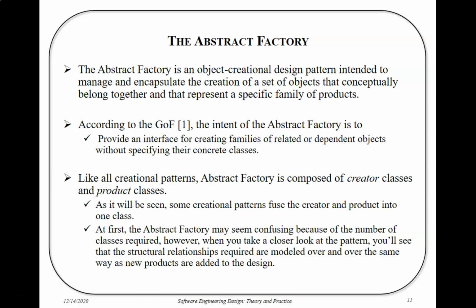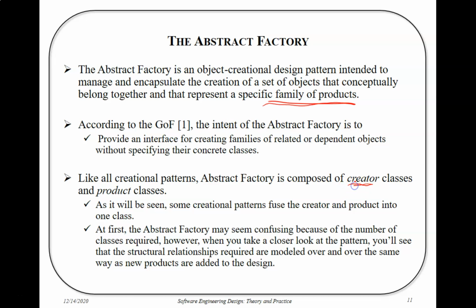The abstract factory is an object creational design pattern that manages and controls the creation of a set of objects, which we call a family of products. So we control the creation of product families that have a common characteristic based on the interface classes. There are two main components in the abstract factory pattern.